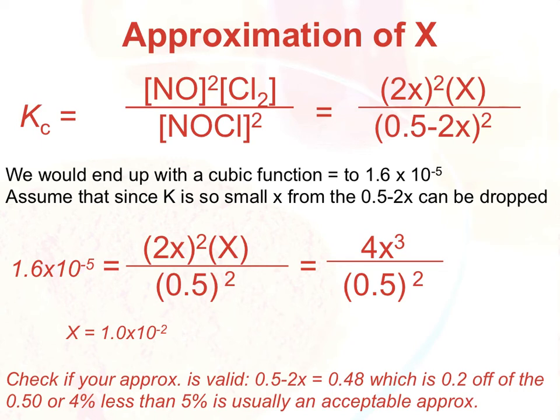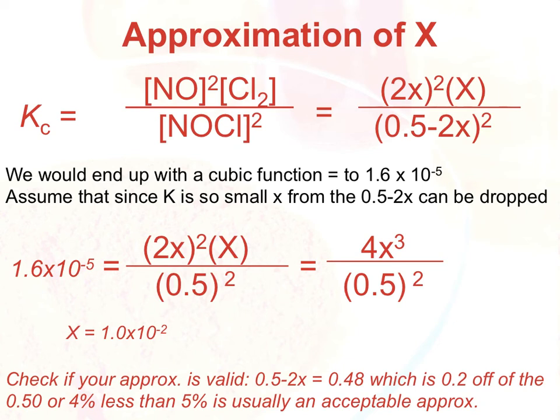So in order to basically deal with that in a simplistic way, we can take advantage of the fact that our equilibrium constant is very small. So basically, assuming that k is so small allows us to drop this portion of our calculation.